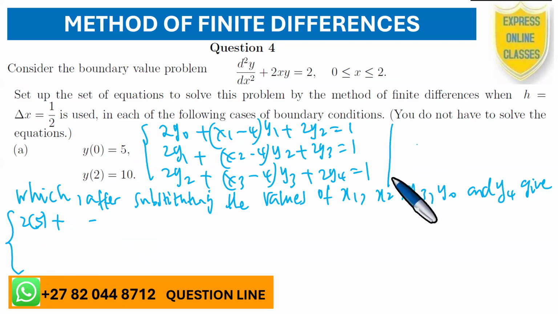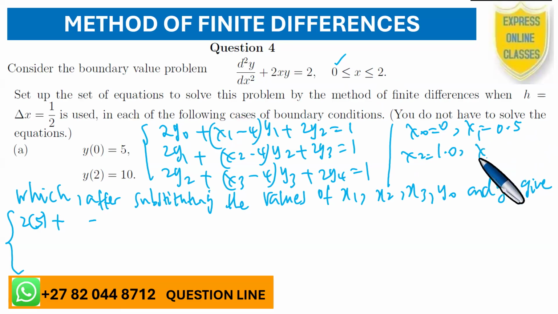Right, so remember that our x0 becomes 0. x1, you add a 0.5. x2, you get another 0.5, getting a 1.0. x3, you add a 0.5, getting a 1.5. x4, you add a 0.5, getting a 2.0.